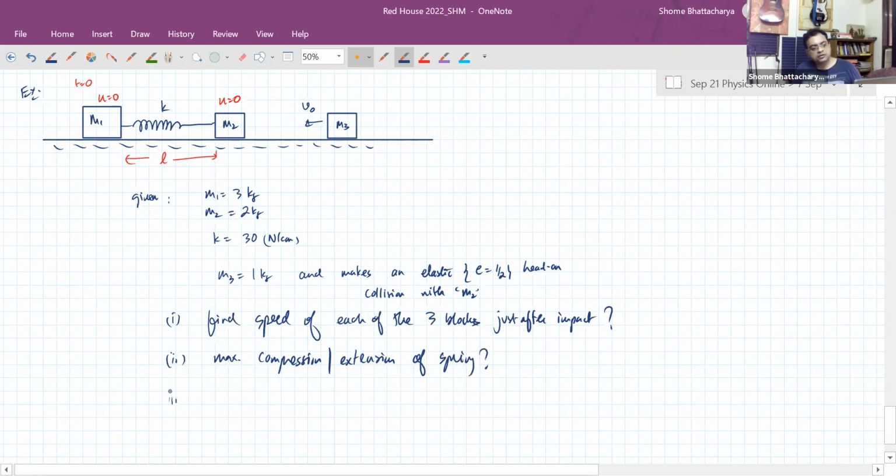And then we'll find the time periods and amplitudes of each block, that is M1 and M2, each block's SHM with respect to their center of mass.